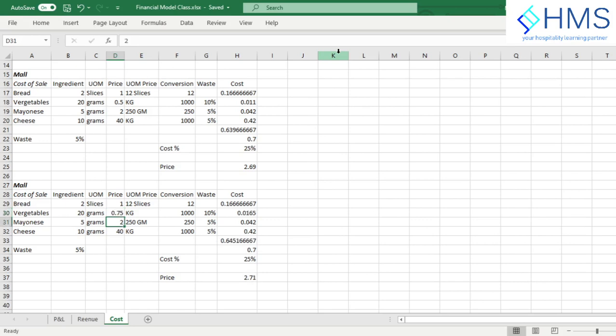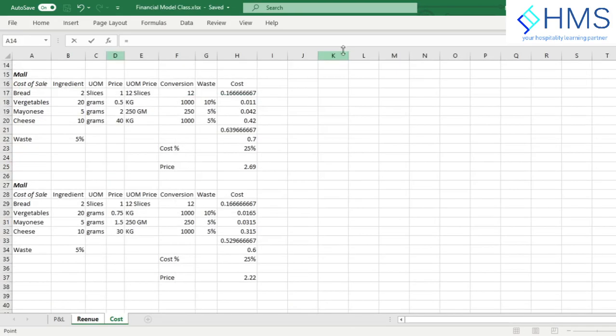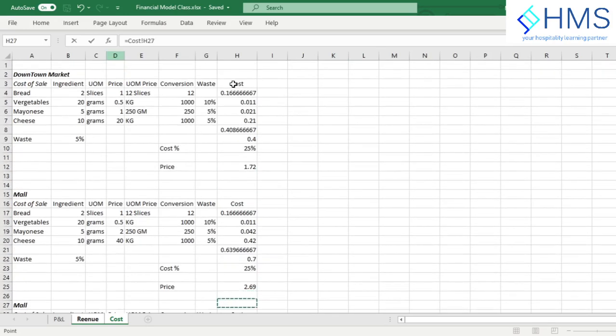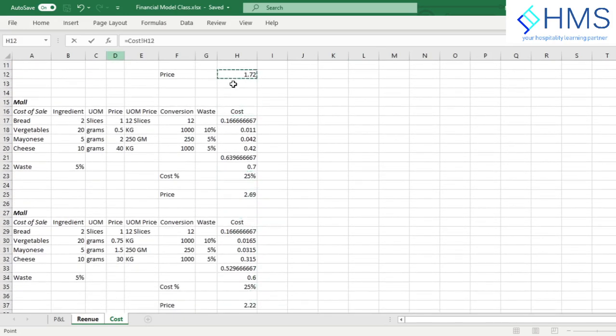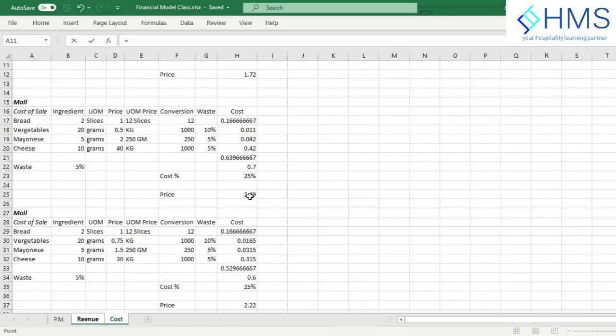Maybe here the mayonnaise is again 1.5, and the cheese is, let's say, 30, right? So that's the cost that is built up. So now, based on my cost, the price in the downtown market is going to be 1.72. In the mall, I would say my price would be 2.69, and in the residential area my price is 2.25.